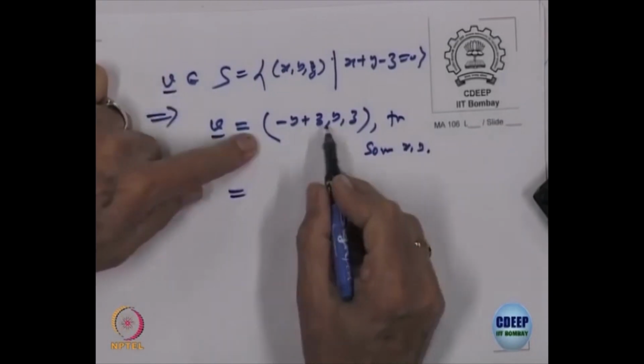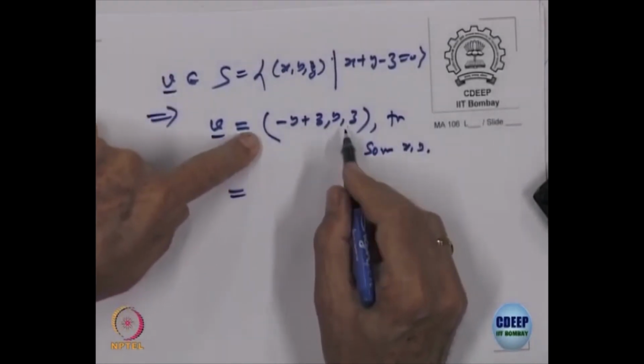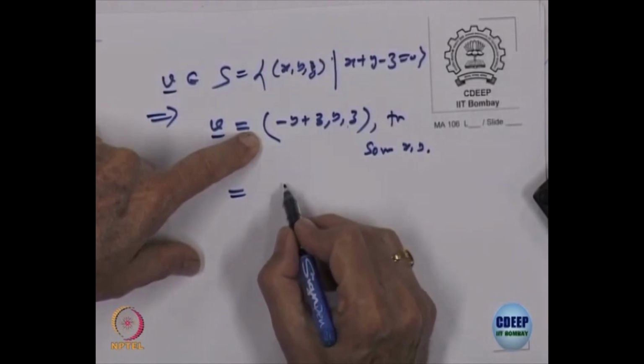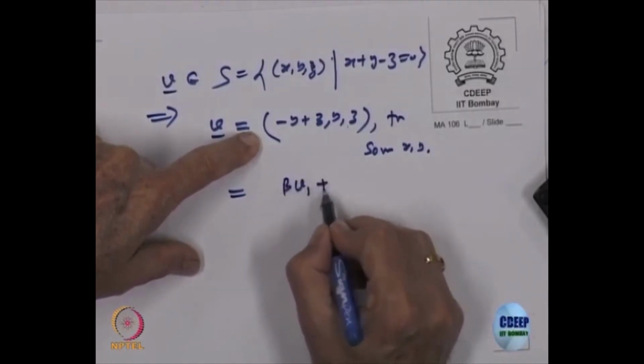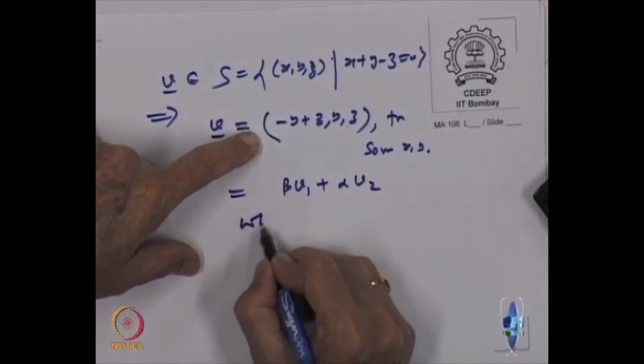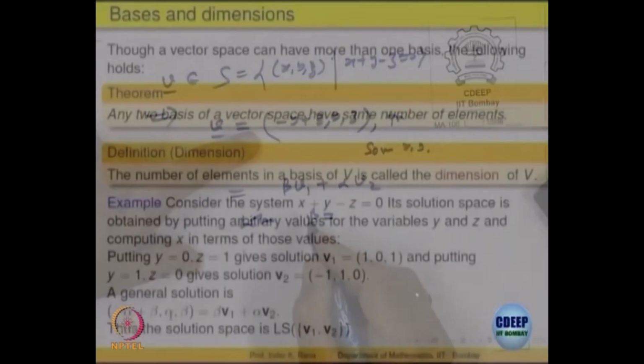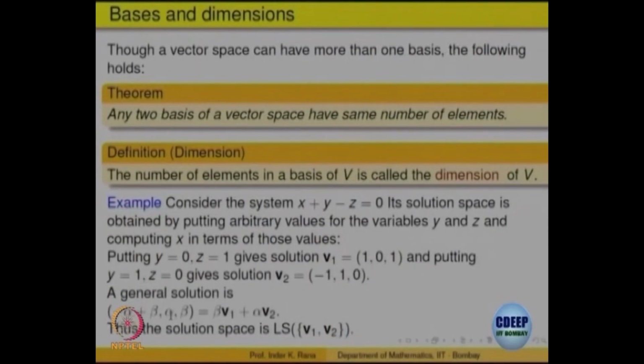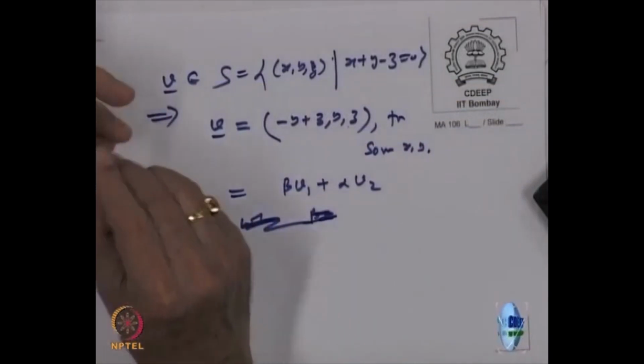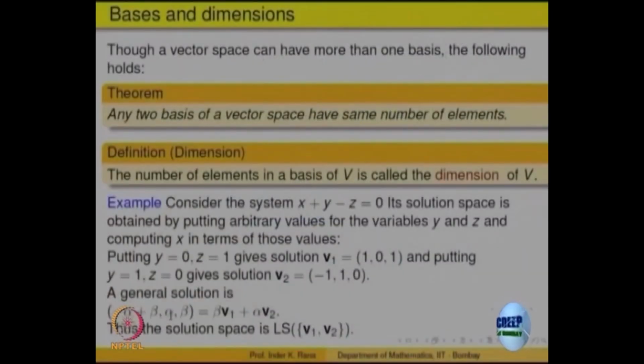So, can I write this in terms of V1 and V2? I want to write it as beta V1 plus alpha V2. What are alpha and beta? You can put arbitrary values, it does not matter.